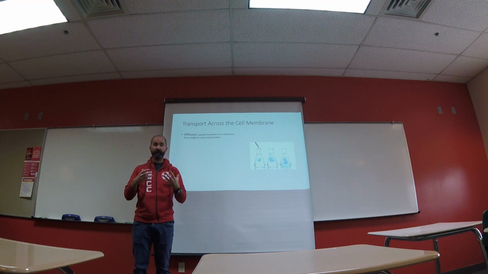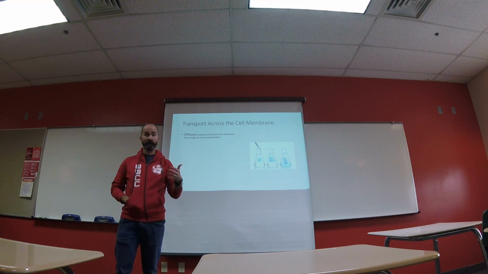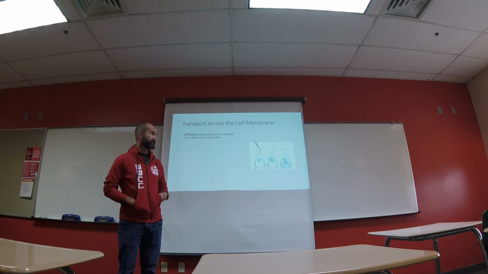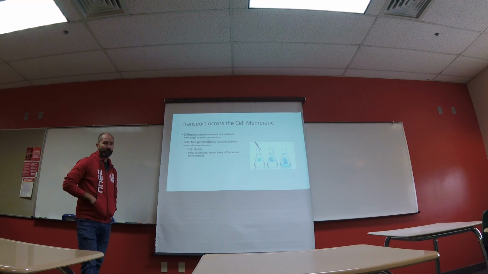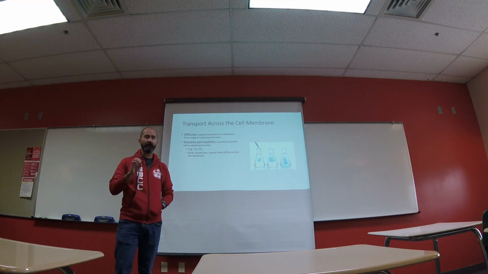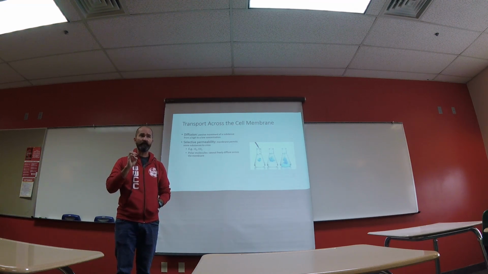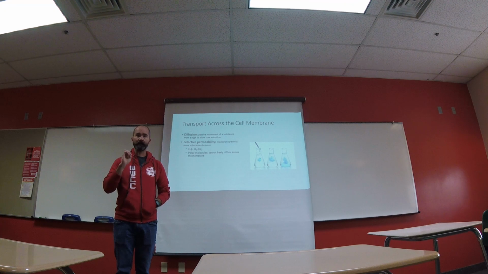But gradually over time, as a product of the random movement of molecules, that substance diffuses across the water, so that it ultimately becomes a ubiquitous bluish color. The important point is that the net movement, even though it's a product of random or chance events, is from a high to a low concentration.